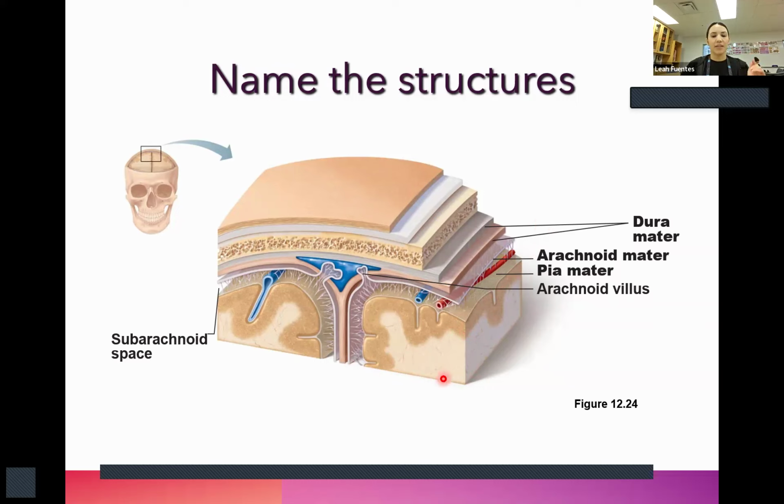So brain, pad, skull. There's additionally another space that you're responsible for knowing. That's the subarachnoid space, which is in here. This is where the cerebrospinal fluid travels through, and it holds the cerebrospinal fluid in this subarachnoid space, which if we know our anatomy, we know this would be underneath the arachnoid mater.